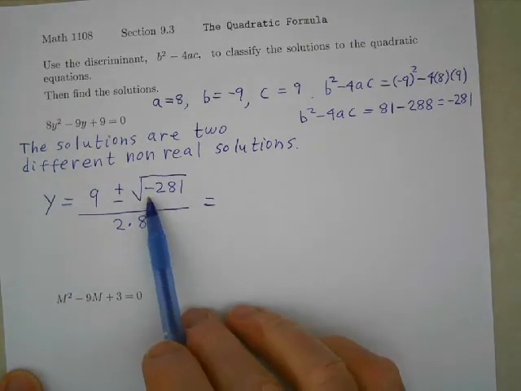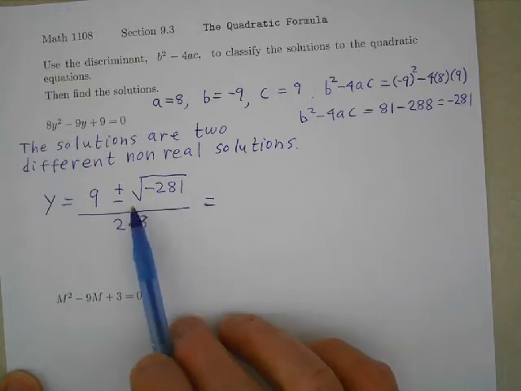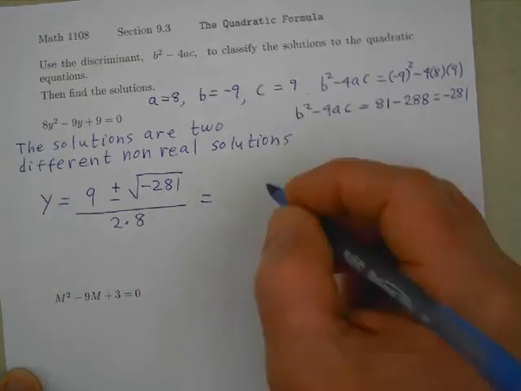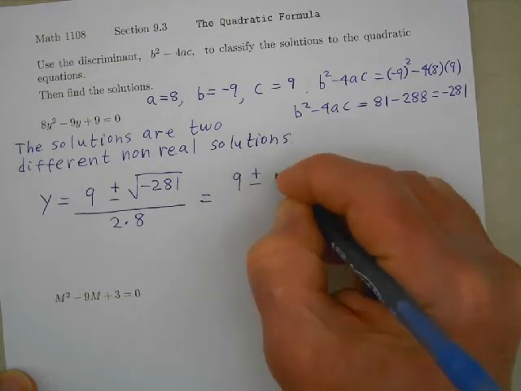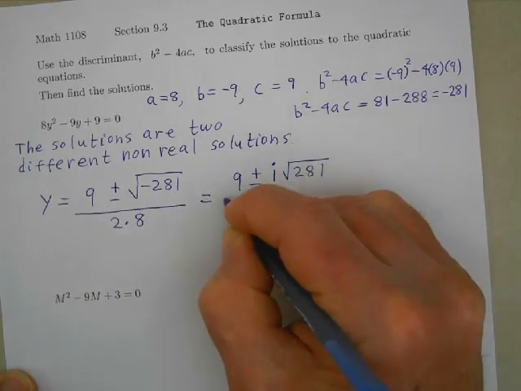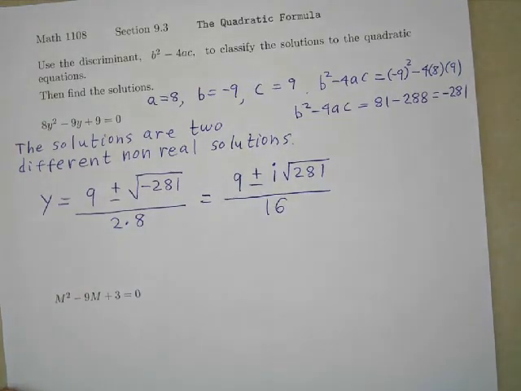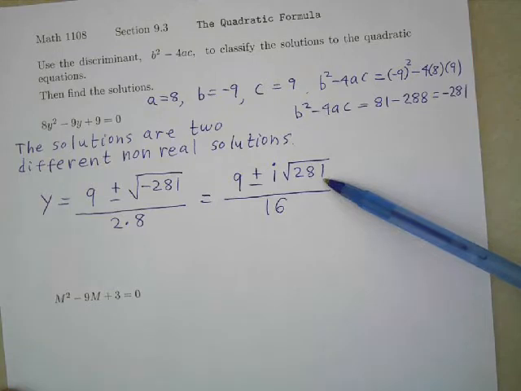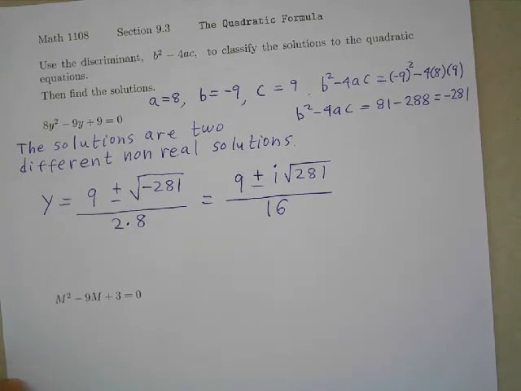The square root of negative 281 is the square root of negative 1 times the square root of 281. And then the square root of negative 1, we write i in its place. So we can write the solutions as 9 plus and minus i times the square root of 281, all divided by 16. The square root of 281 can't be simplified any further than it already is. So those are the two non-real solutions.